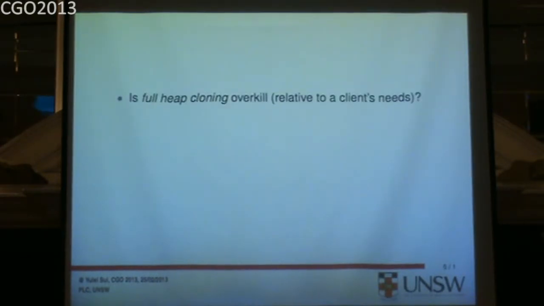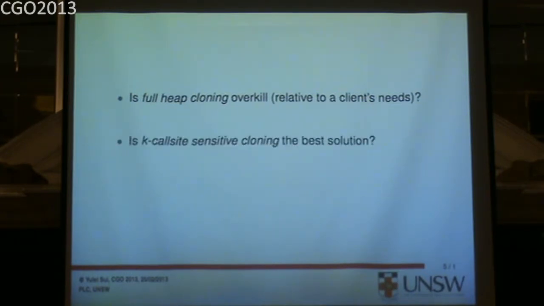Okay, given all these observations, it's time for us to rethink the heap cloning problem. Does full heap cloning really matter? According to a client's requirement, do we need to perform full heap cloning everywhere across the program? If not, is k-context-sensitive heap cloning with a fixed k the best solution?